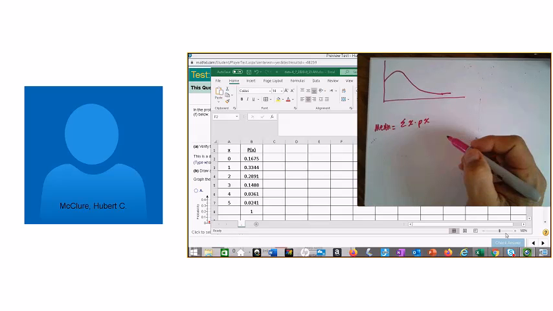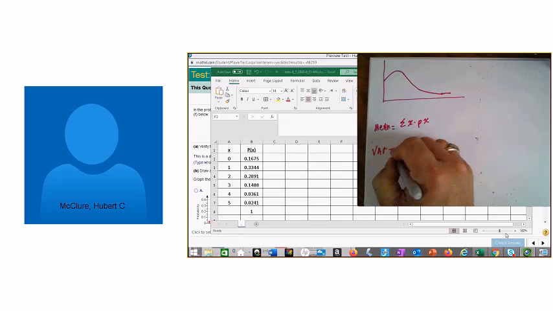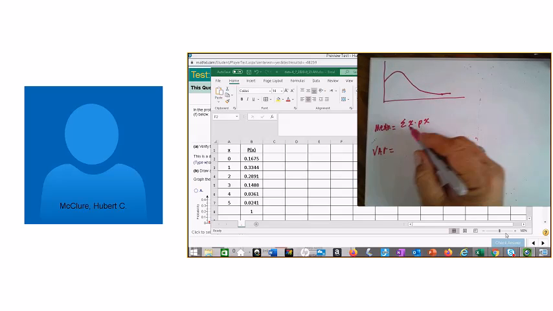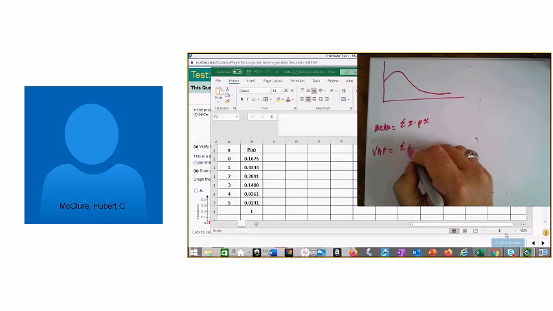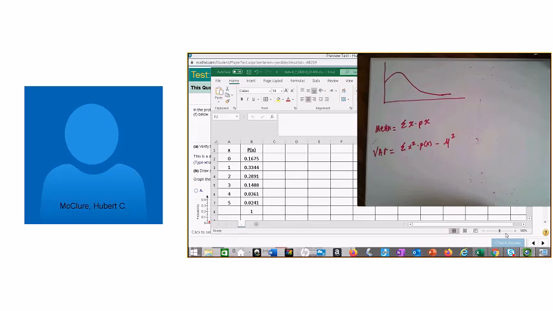P of X. And the variance is equal to the summation of X squared times P of X minus the mean squared. And the standard deviation is always equal to the square root of the what? Variance.